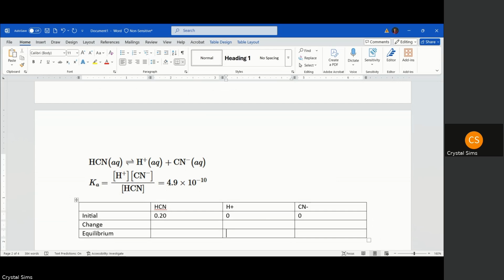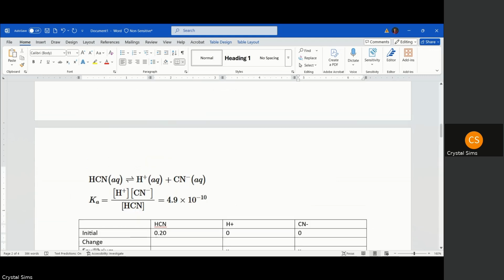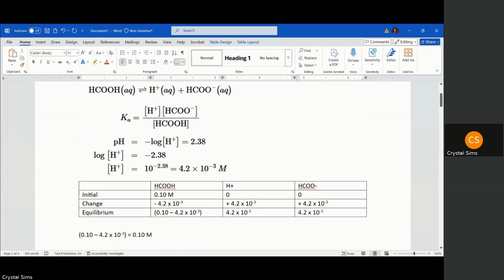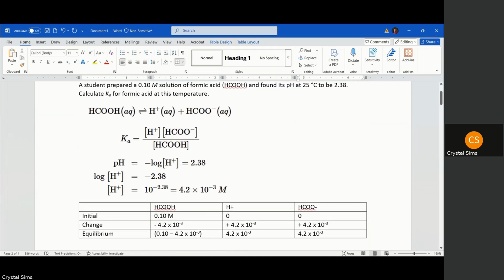And when it changes, I'm going to end up with some number of X, right? This is kind of what we did in the last chapter. You're like, wait a minute, I don't understand. When do I use X and when do I actually use a number? Let me scroll back up. I was able to put an actual number here because I was given the pH and therefore I could calculate the hydrogen ion concentration.